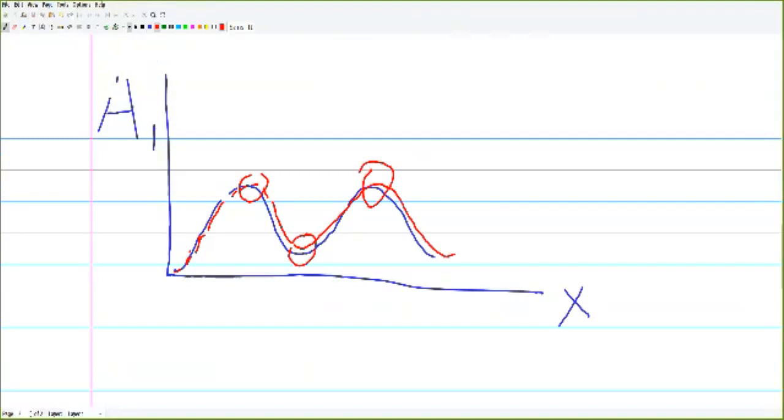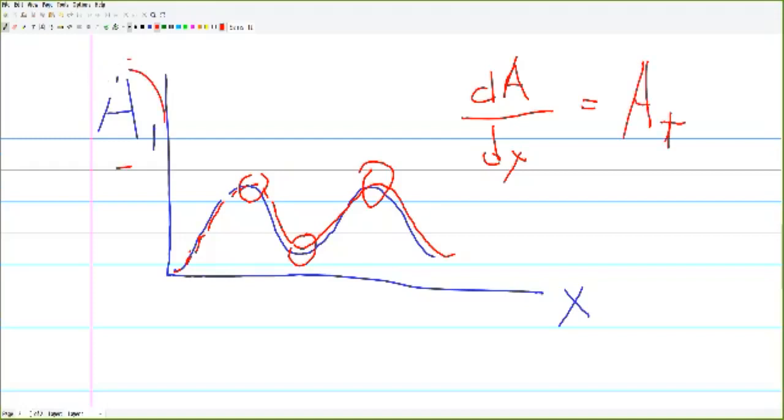So if we take the derivative, dA/dx, that's going to be the derivative of this A. I equal this to 0, and I'm going to find the maximums and minimums of this.